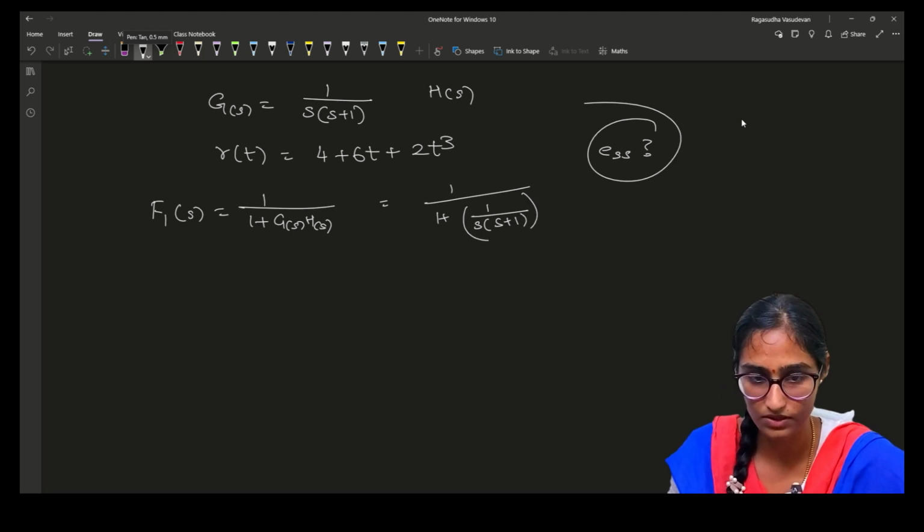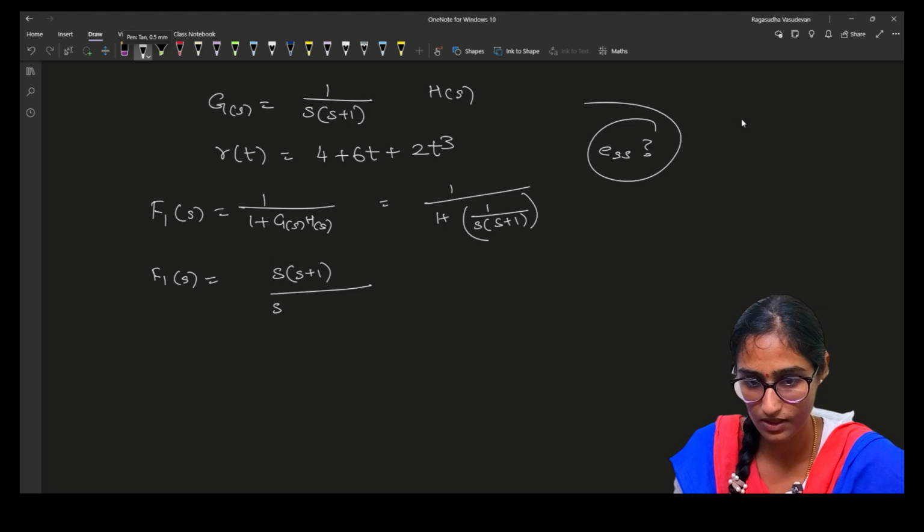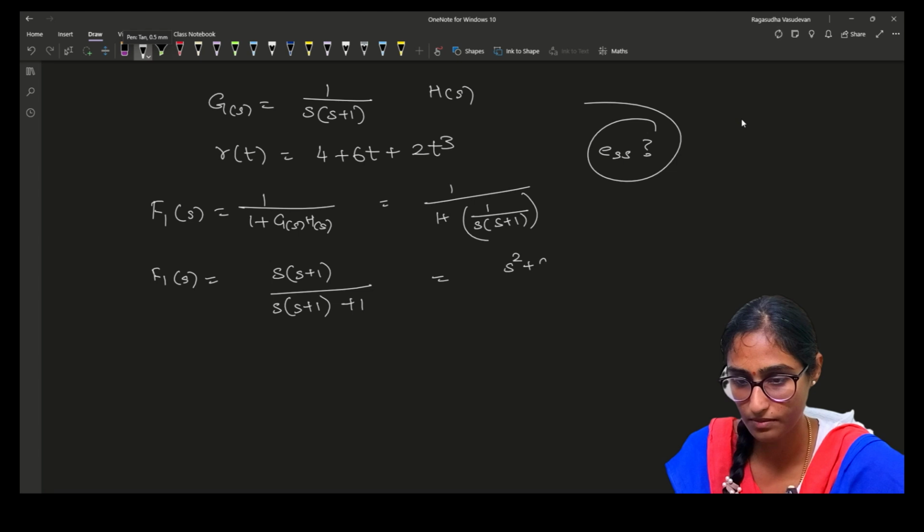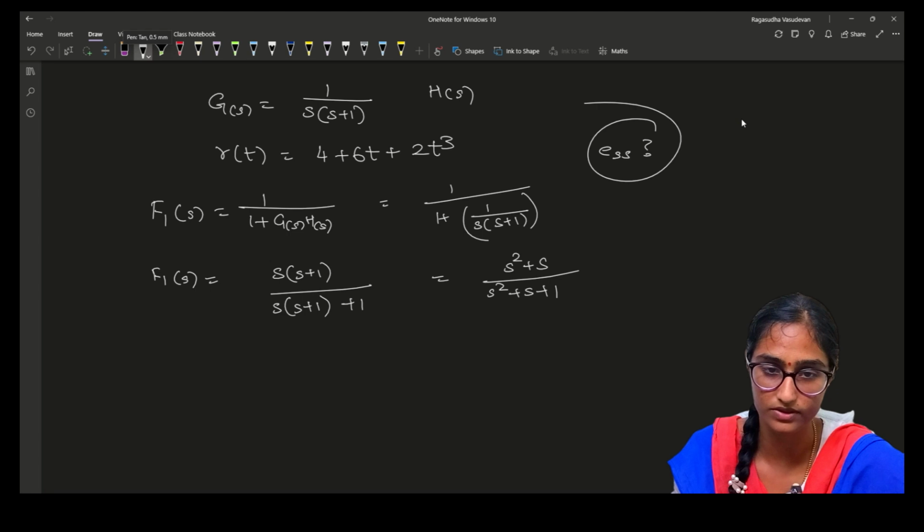So what is f1 of s? s into s plus 1 will be in the numerator. In the denominator you will have s into s plus 1 plus 1, which gives s square plus s divided by s square plus s plus 1. So this is the value of f1 of s.